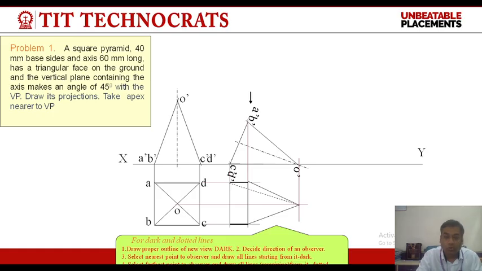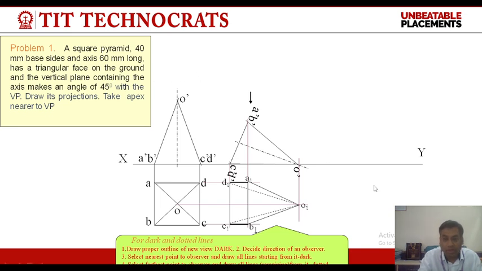So in this way we will draw the final top view of a square pyramid which is resting on HP on its triangular face, and we will do the nomenclature as shown in figure.